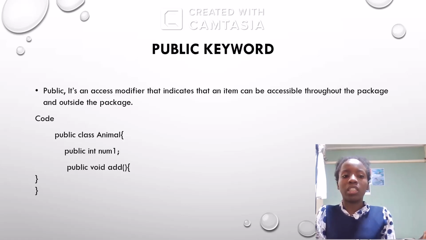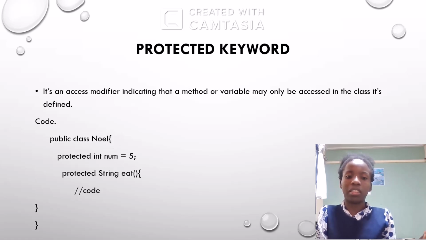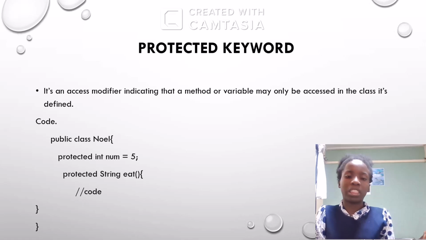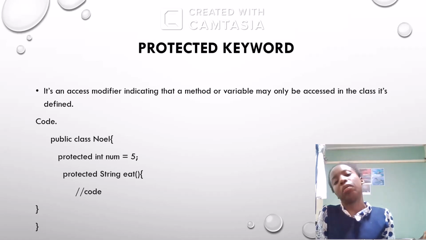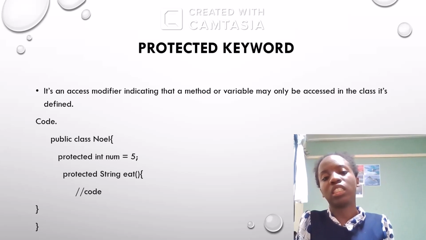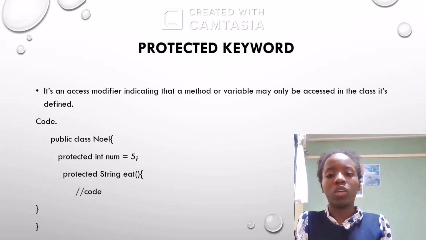Public keyword. It is an access modifier that indicates that an item can be accessed throughout the package and outside the package. Protected keyword. It's an access modifier indicating that a method or variable may only be accessed in the class in which it's defined.